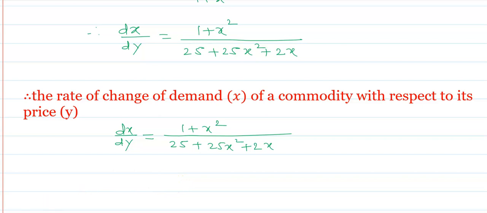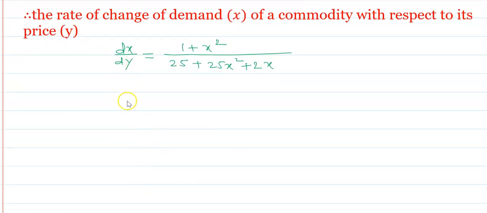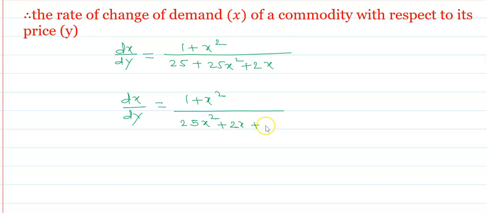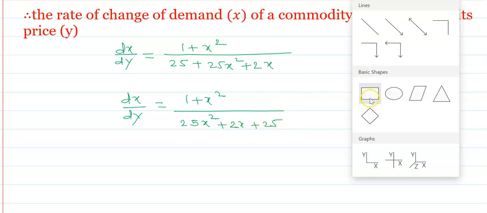Or it is written as dx upon dy is equal to 1 plus x square divided by 25x square plus 2x plus 25, and this is the answer.